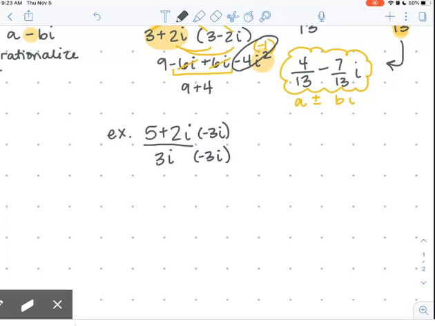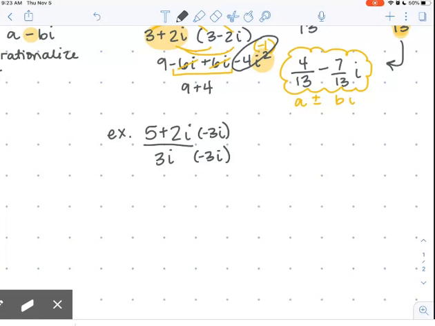I'm just saying, in this case, it's not really going to matter, because our goal here is to get an i squared that'll turn into a negative 1. I feel like you could multiply by either positive 3i or negative 3i. And in the end, when you're doing it on top and bottom, the negatives and positives would work out in the end. That's my thought. Why would you have to do negative? So I think either way it would work. Your goal is just to get rid of those i's in the denominator.